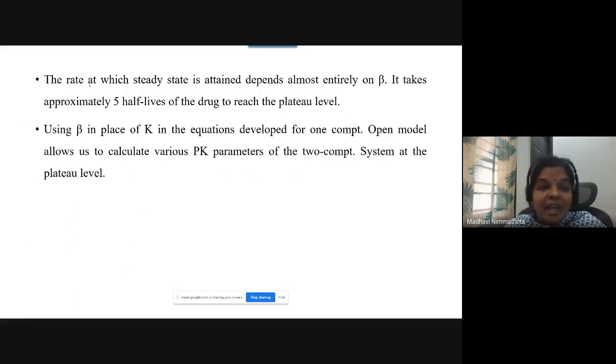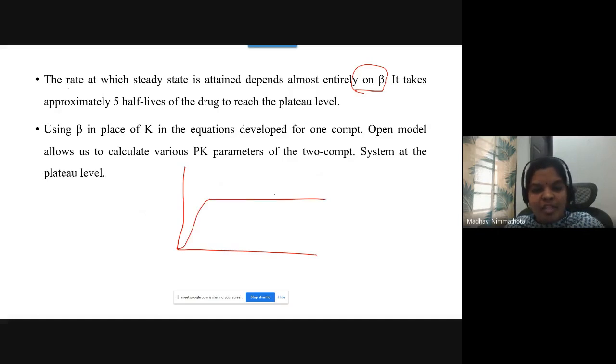The rate at which the steady state is attained depends almost entirely on beta. See, after some time we achieve a steady state. So this is totally dependent upon drug elimination. The elimination hybrid constant is your beta.